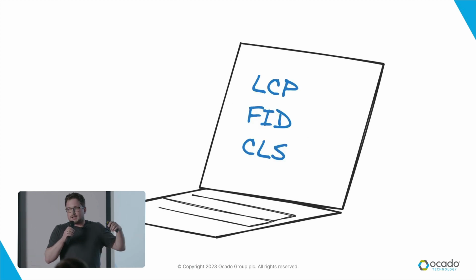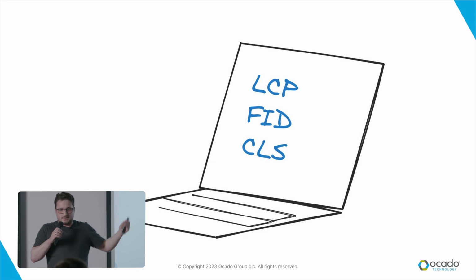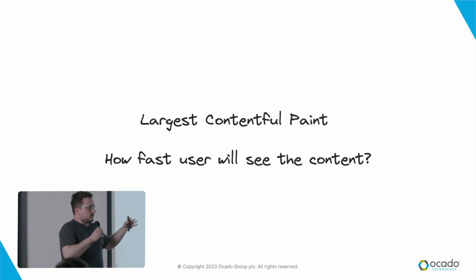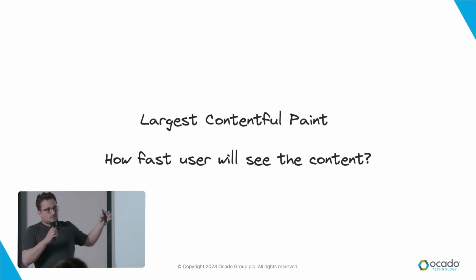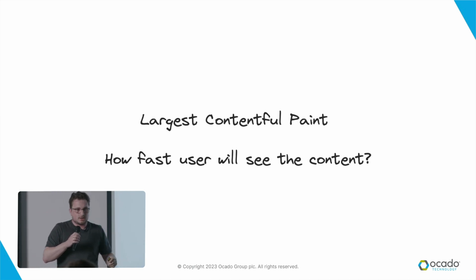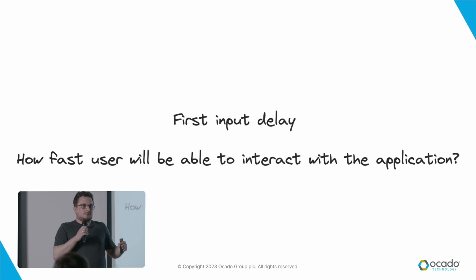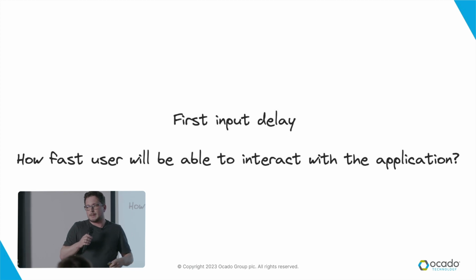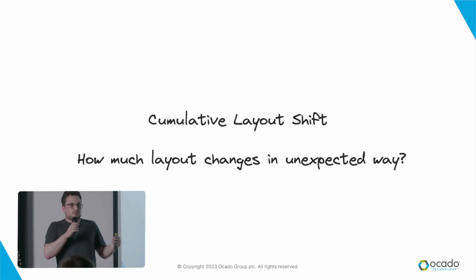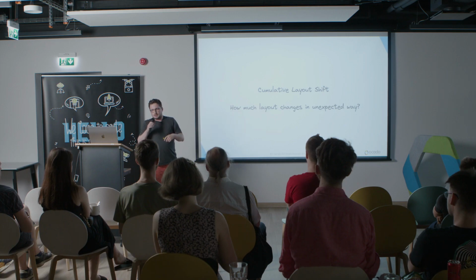And there are things like LCP, FID, CLS, and they mean largest contentful paint, which means how fast the user will see the page. First input delay, which means how fast the user will be able to interact with the application. And there is cumulative layout shift, which means how stable the layout is.